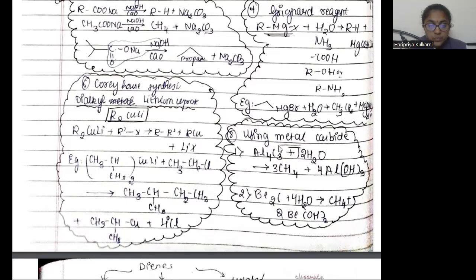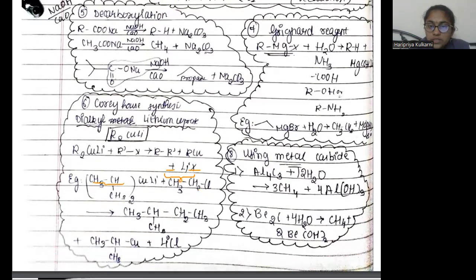That is R', it is CH3CH2, with chlorine as the halogen X. So what will we get? Just merge these alkyl groups: we'll get CH3CH2CH3 and the leftover, that is LiCl plus CH3Cu.